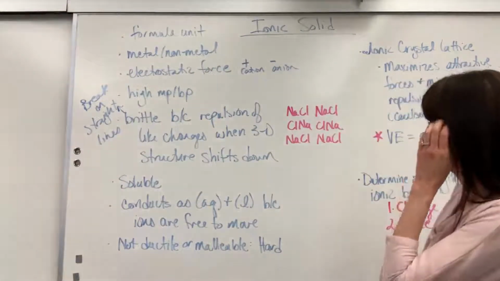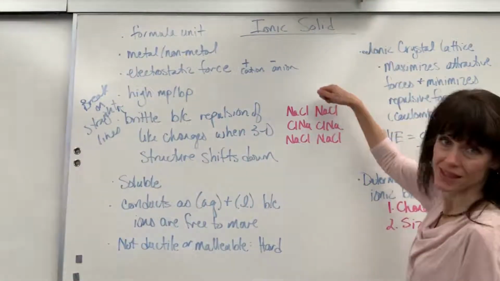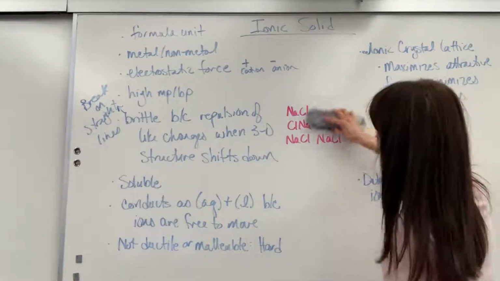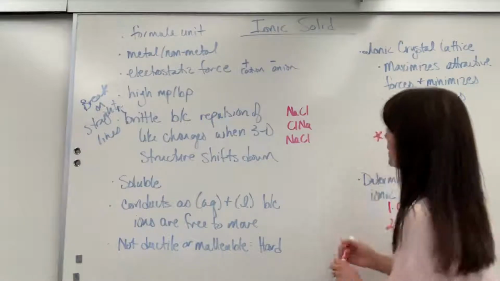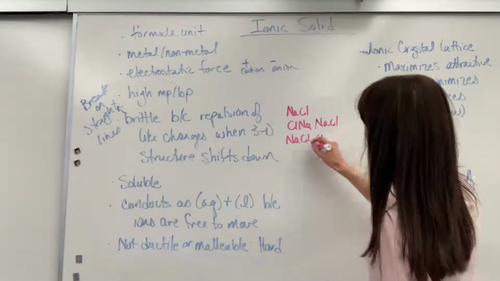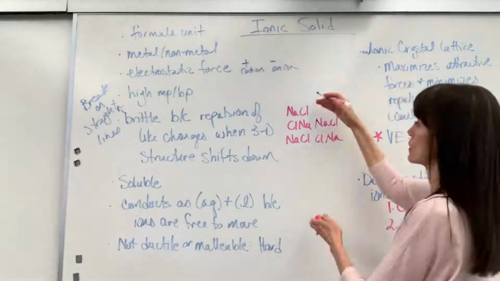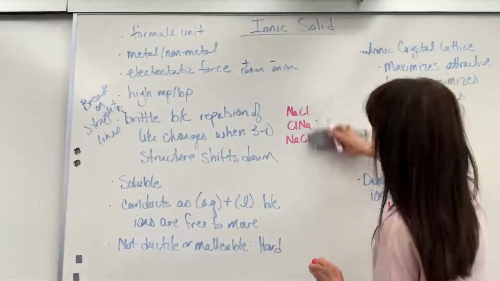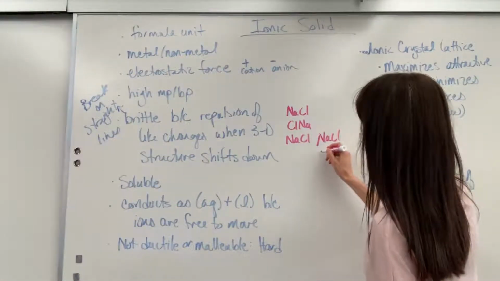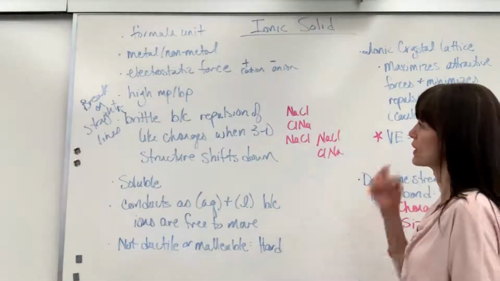Wow. Now the reason why this is brittle, if we hit this, if it shifts down just one, look what would happen. We would have a sodium and sodium next to each other, the chlorine and chlorine next to each other. Well, that actually repels. So it shifts down one more so that you still can maintain the positive, negative charge, positive, negative, positive, negative.